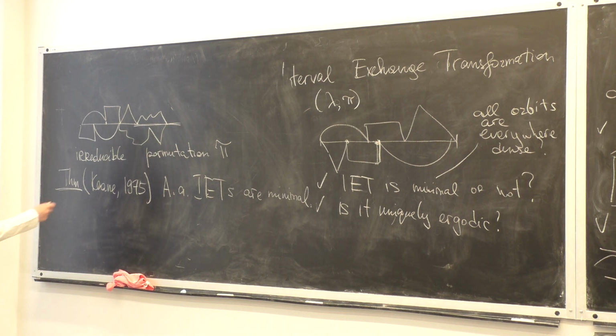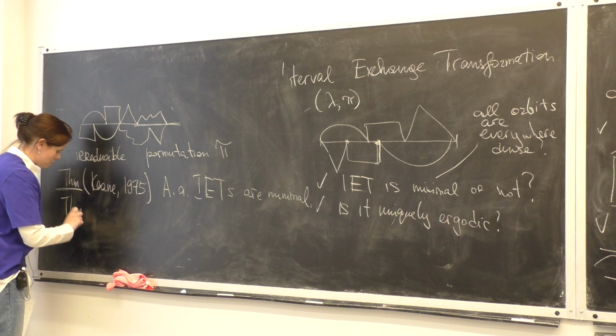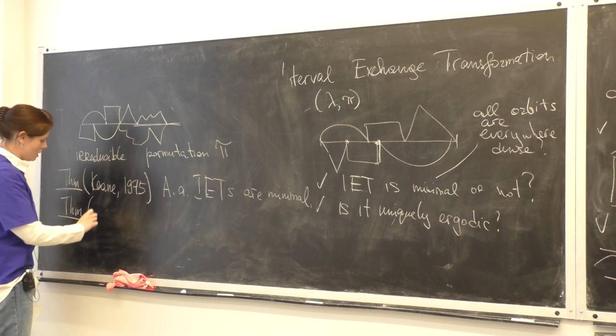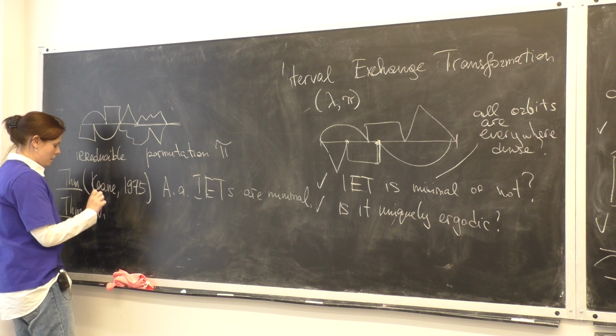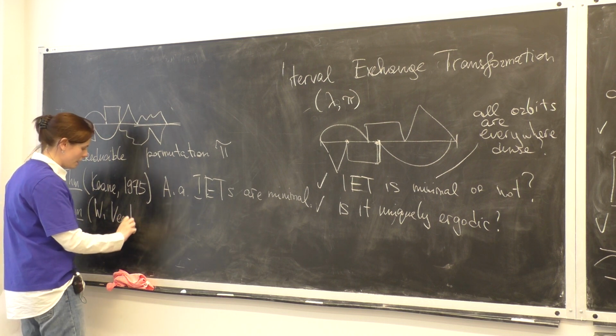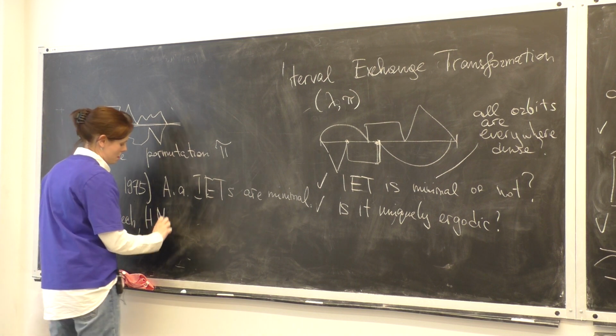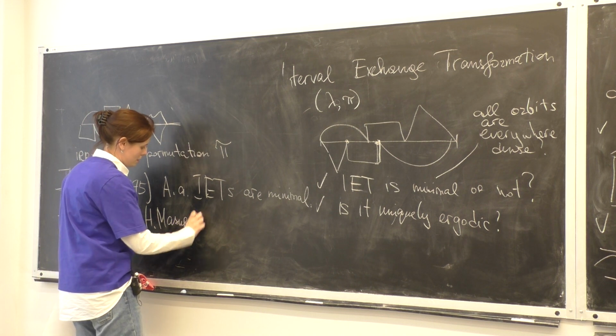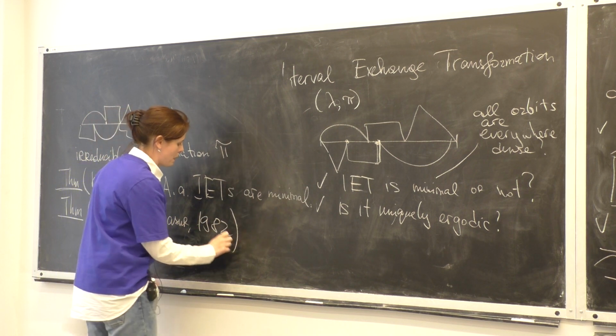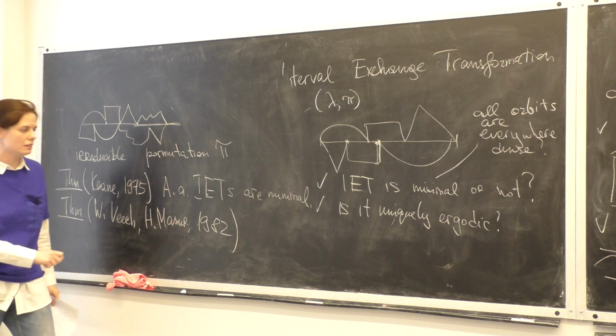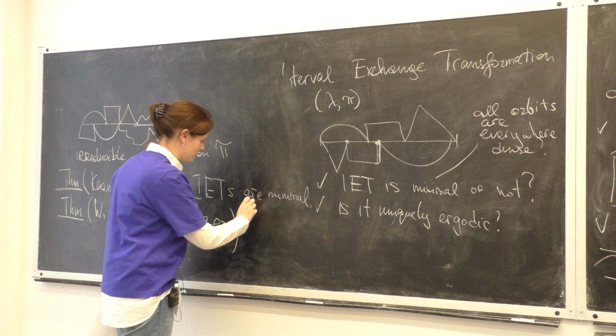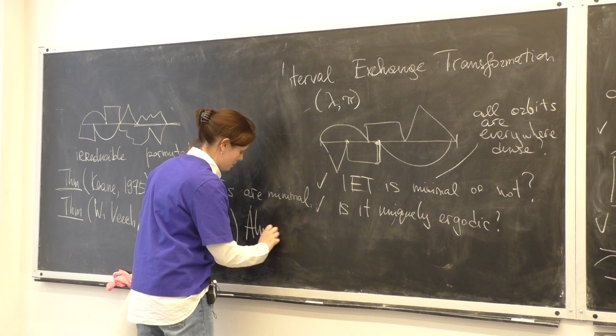Moreover, Keane formulated a conjecture in the same paper that was proved independently by Veech and Masur in 1982, two papers in the same issue of the Annals, that almost all IETs are uniquely ergodic.